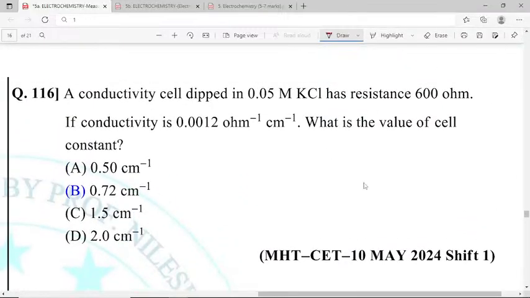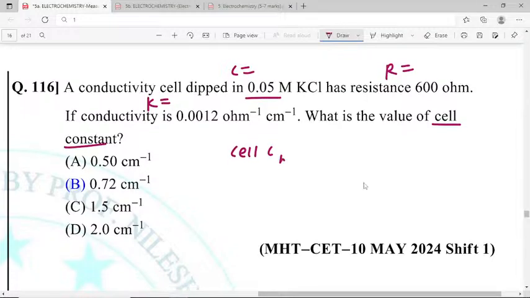A conductivity cell, concentration 0.05, resistance 600 ohm. If conductivity K is given, what is the value of cell constant? Cell constant is equal to conductivity into resistance.